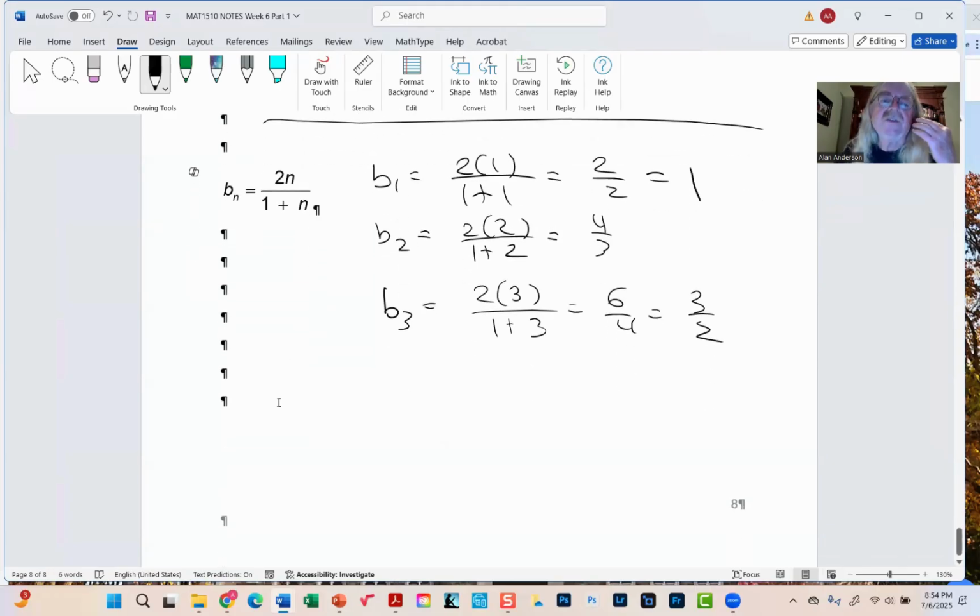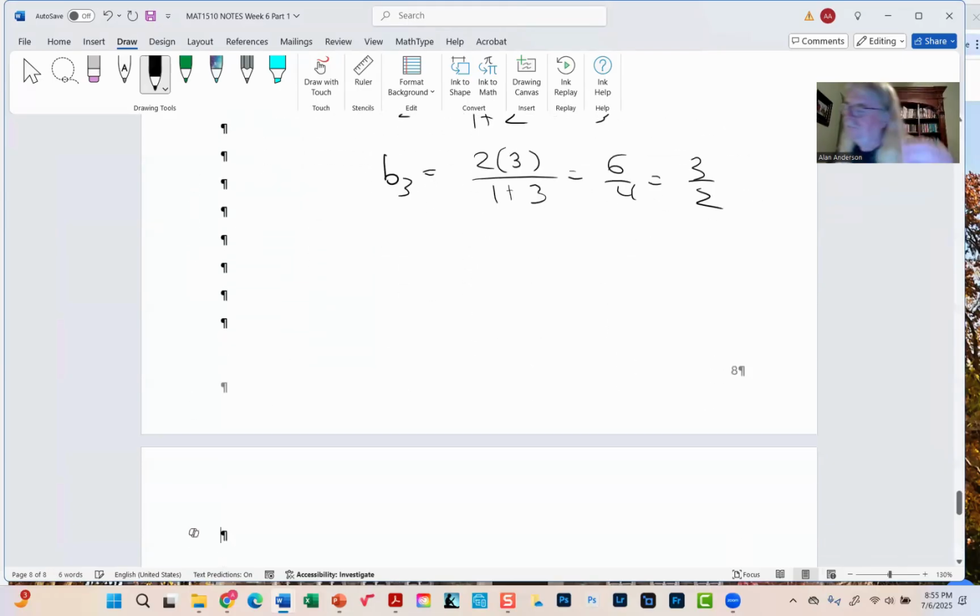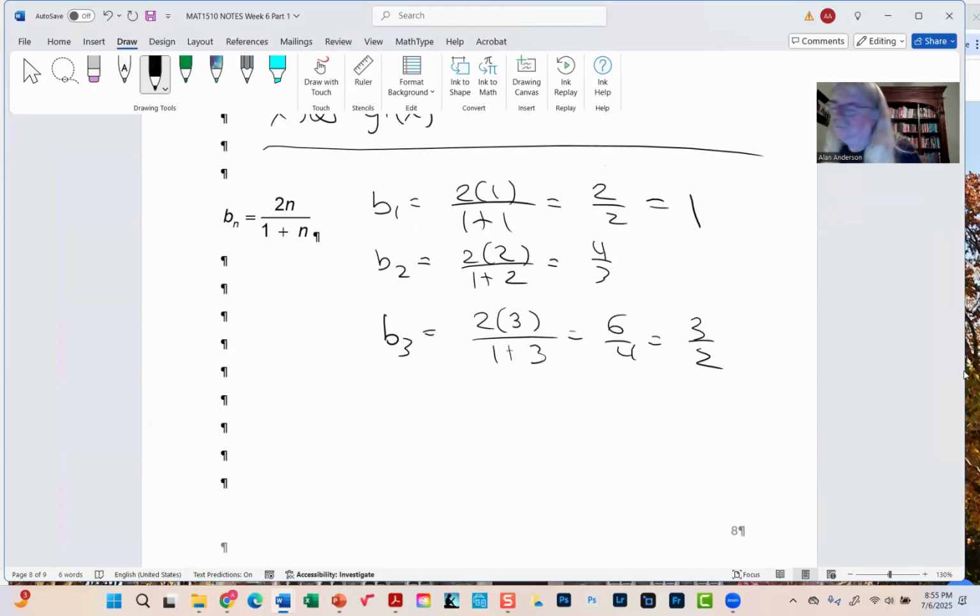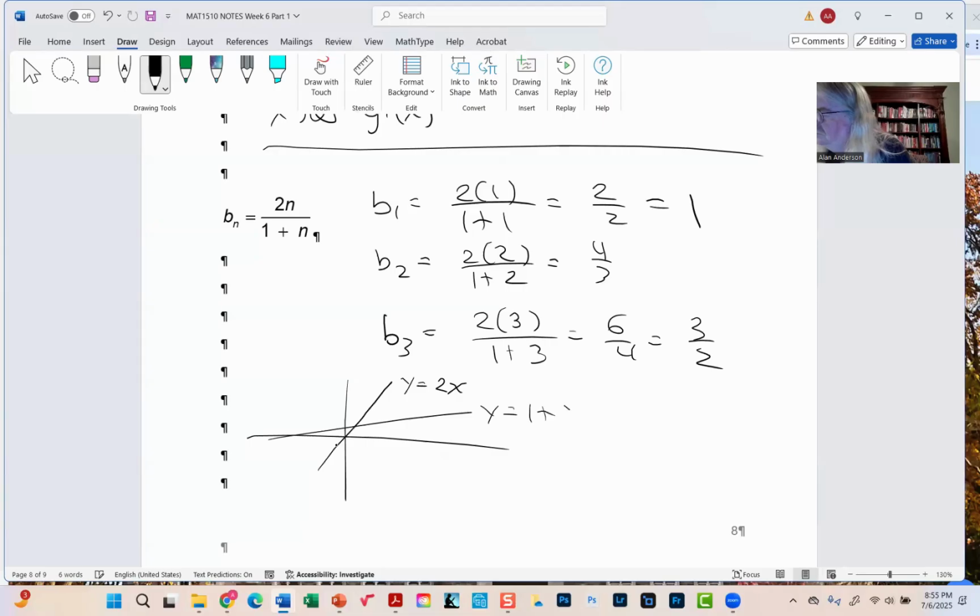Or what you could even do is draw a little graph. And you can see the numerator is clearly growing more rapidly than the denominator, which means the ratio must be growing and that will never change.